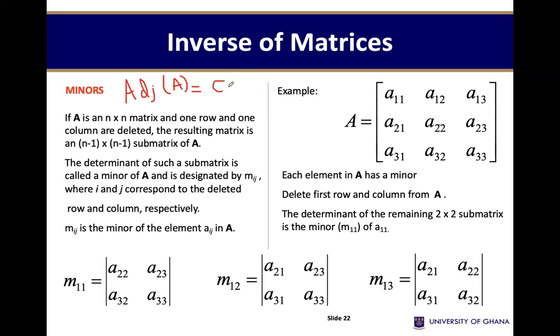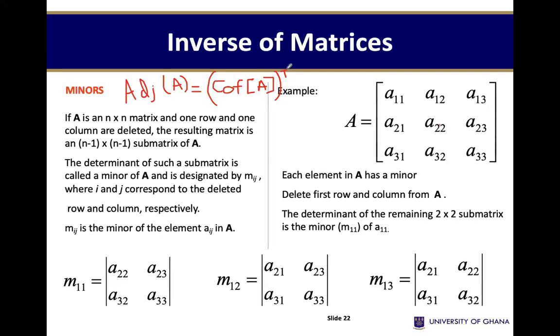Cofactors is CO, then your normal factors, you know. So I'm just going to call it COF, cofactors of A. When you are done finding it, then you transpose it.